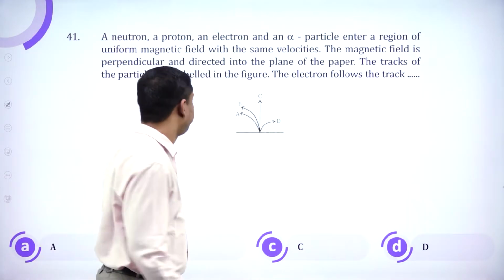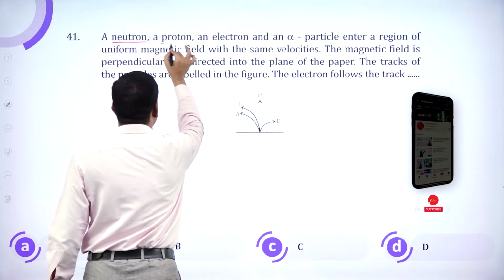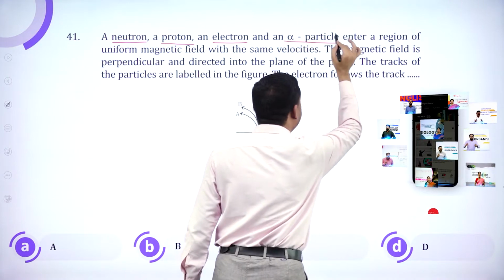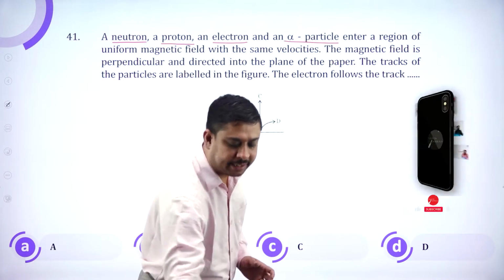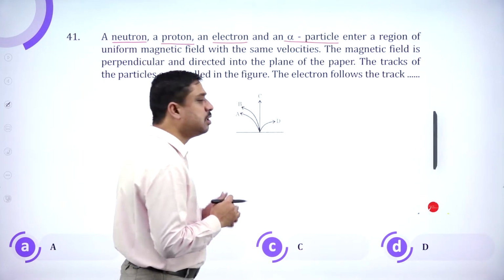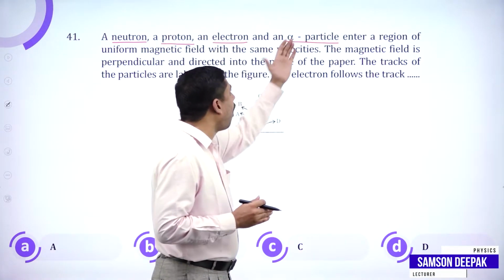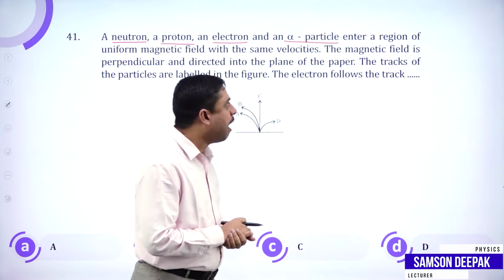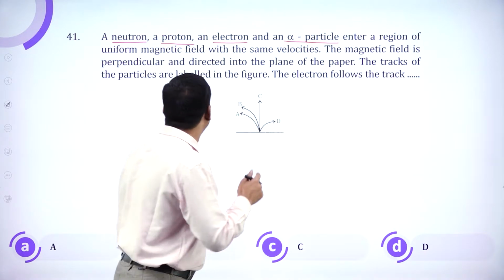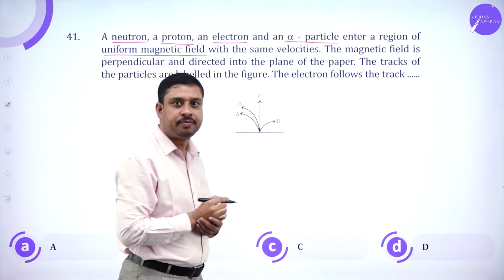The next problem. A neutron, proton, electron and an alpha particle. So there are 4 particles given here. They enter a region of uniform magnetic field.